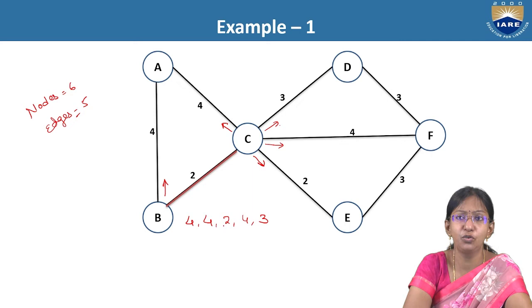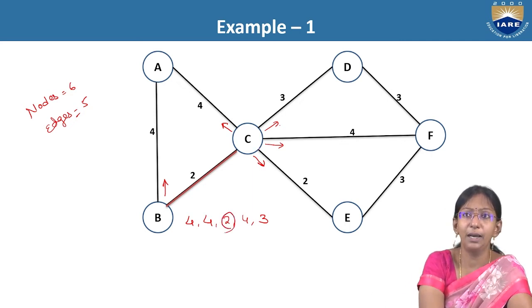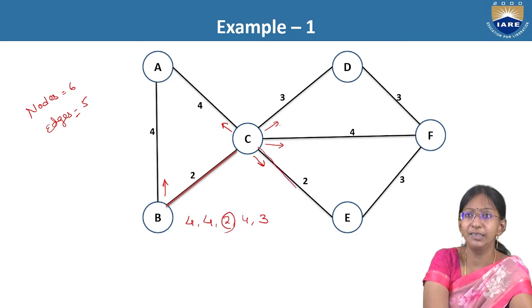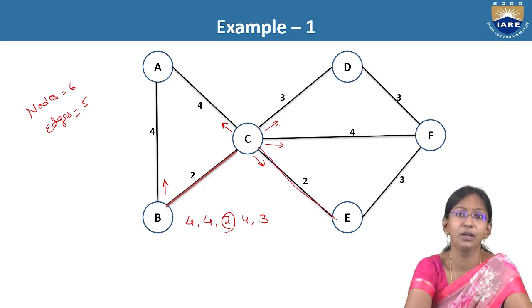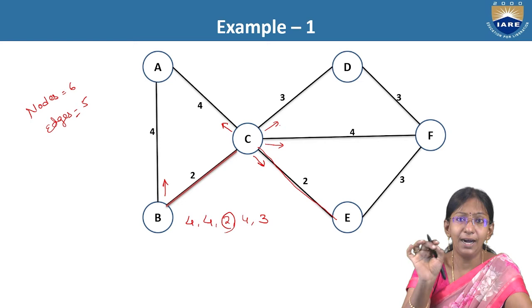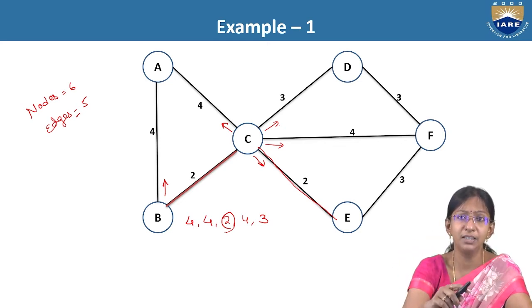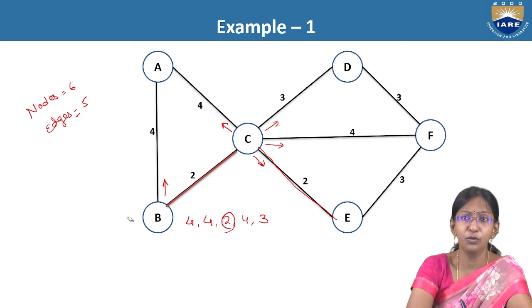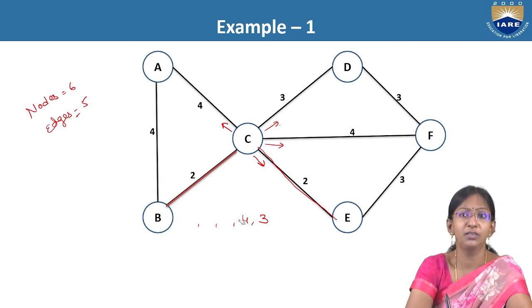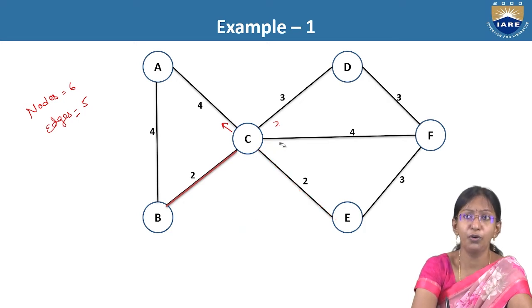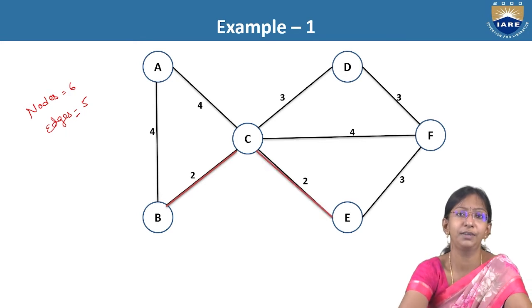Which one is the least? 2. So I'm talking about the edge between C and E. Think: adding this edge to the spanning tree, is it going to form any cycle? If it is going to form one, do not touch it. Go to the next lower one. If it is not forming one, add it to your spanning tree. That's what I have done. I have added it.